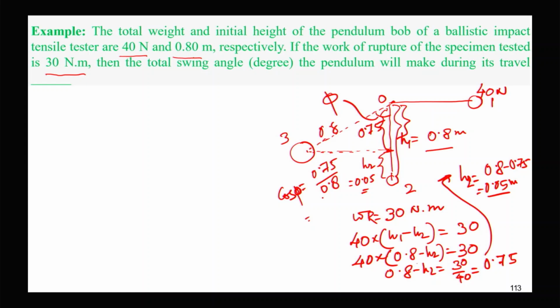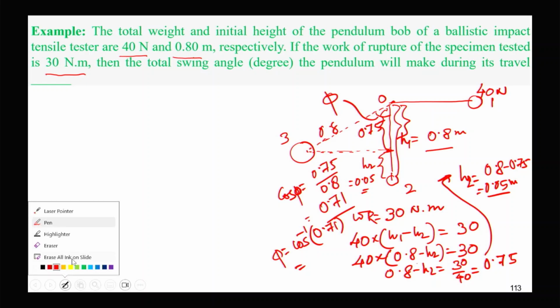It will become 0.71. So phi we can calculate as cos inverse 0.71, that we will get a certain value.